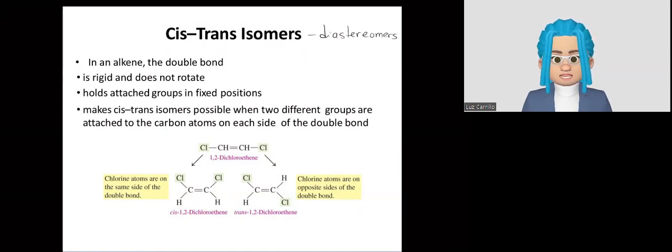Whenever you have an alkene, understand that the carbon-carbon double bond is rigid and cannot rotate. So the groups connected to the double-bonded carbons are in fixed positions.